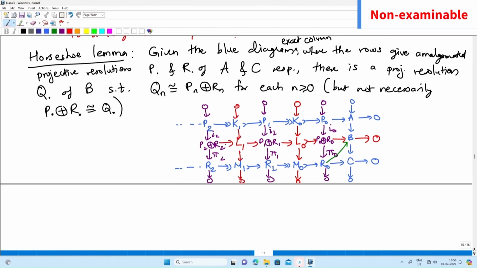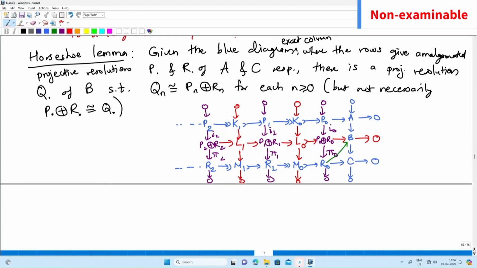And that's how you obtain the middle part. So it works inductively. You again have to reach the exact same starting position and then using snake lemma, you get this. So this is the so-called horseshoe lemma because the shape looks like a horseshoe. The blue shape is exactly a horseshoe, an infinite horseshoe.